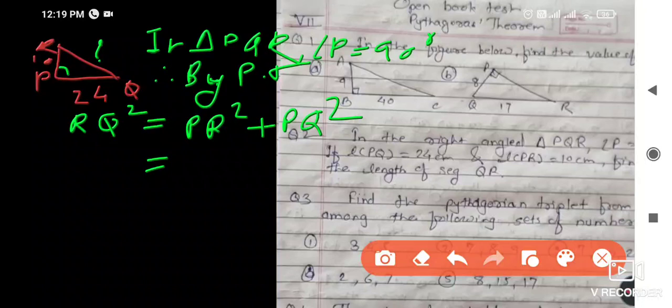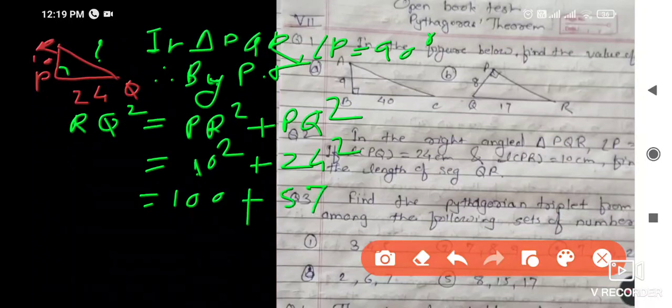PR is 10, so 10 square, and 24 square. 10 square is 100 and 24 square is 576.